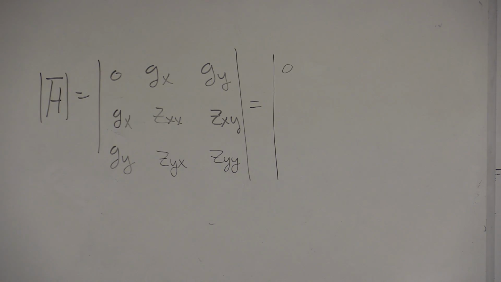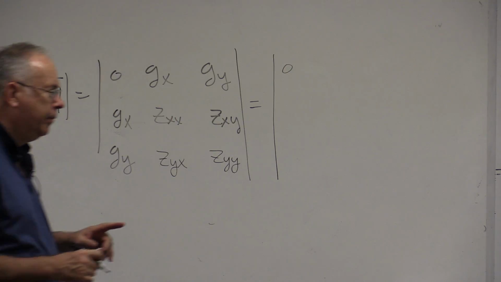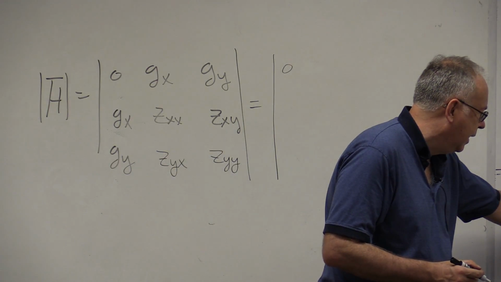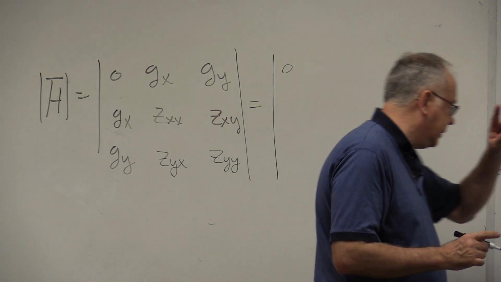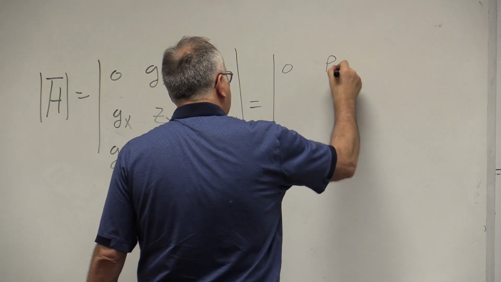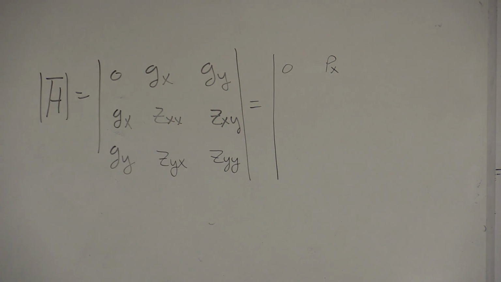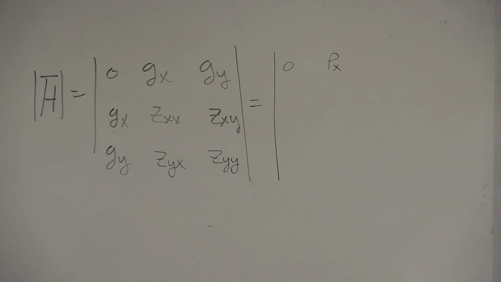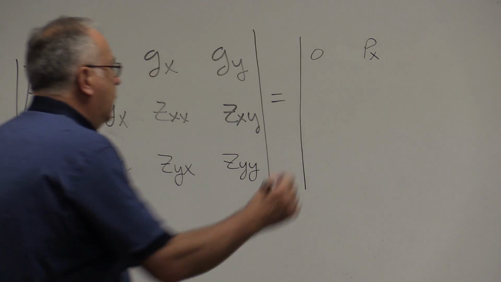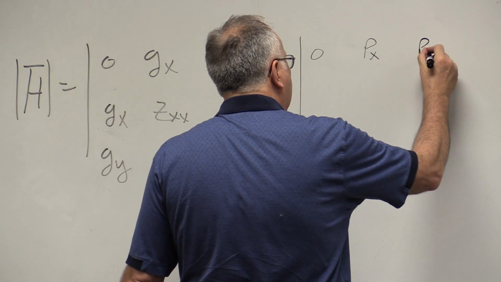So what is g sub x? G sub x would be negative... yes, p sub x. Now, we are assuming that the price of good x is positive. What is g sub y? The partial derivative of g with respect to y. Okay, so now we have our borders.